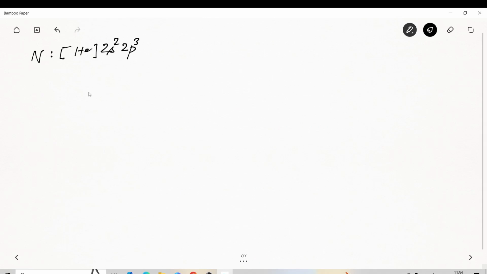This is for nitrogen. So once again, if you write down the configuration, we write the box diagram for the outer shell. So this is 2s, 2p. So 2s2, 2p3. Look, this is half filled.